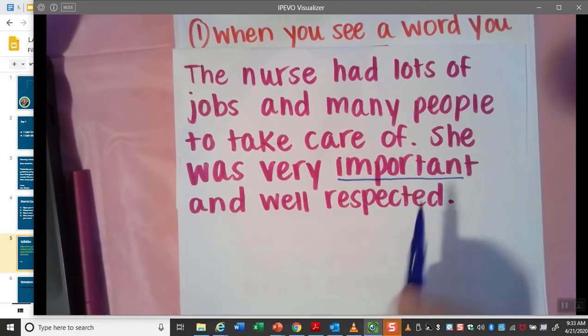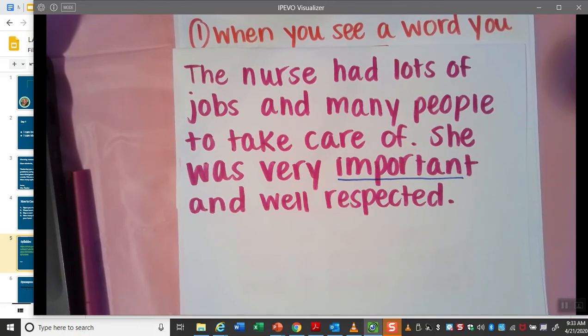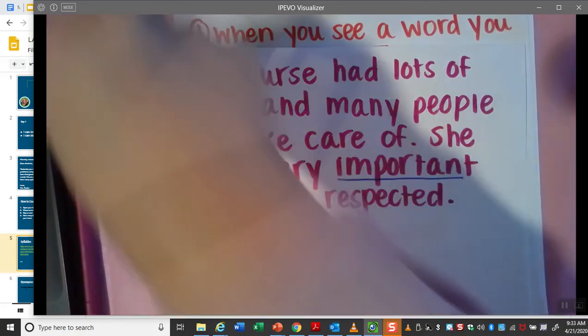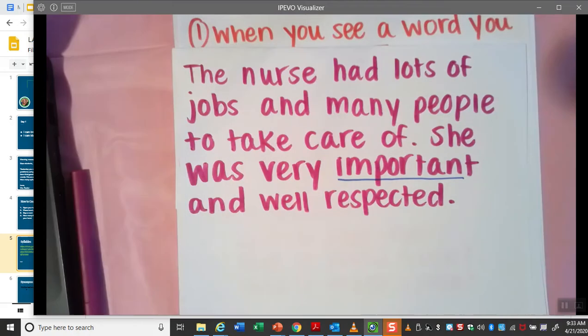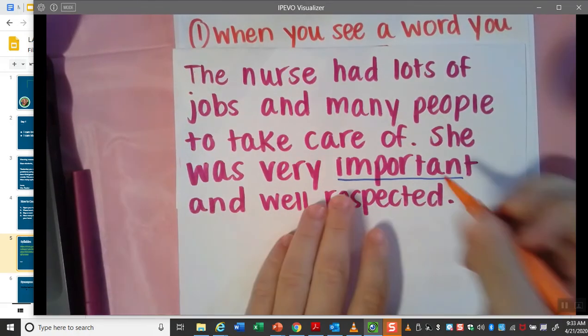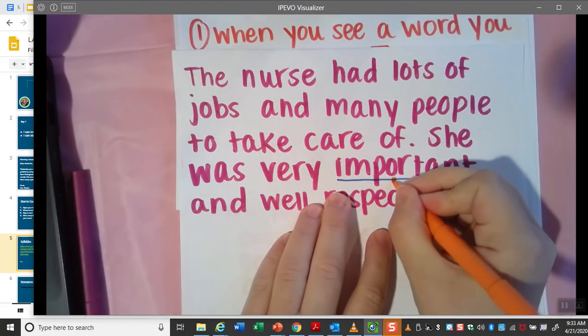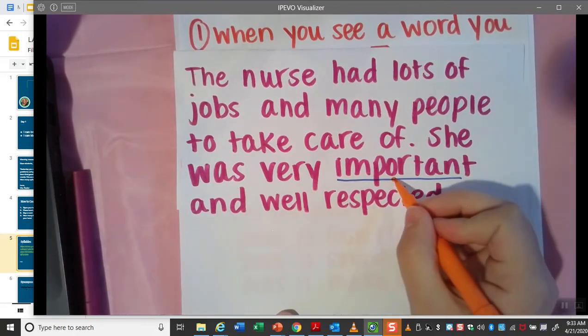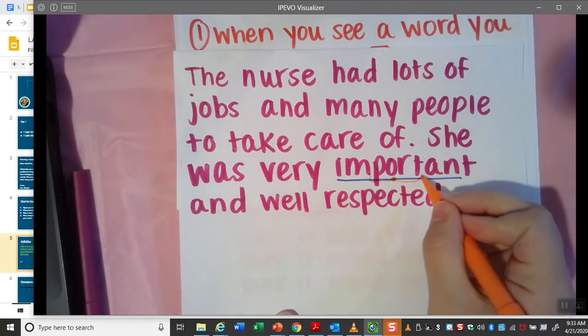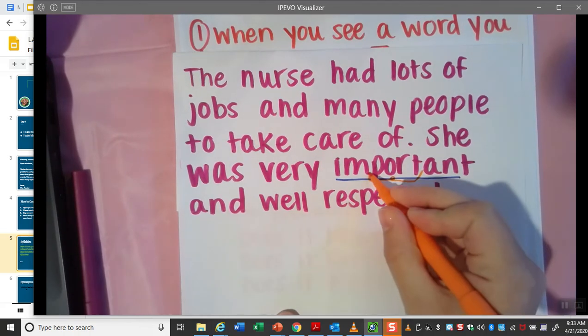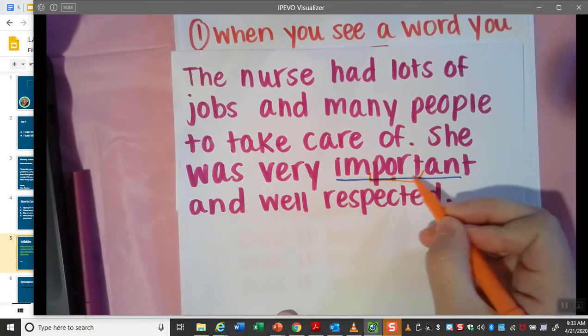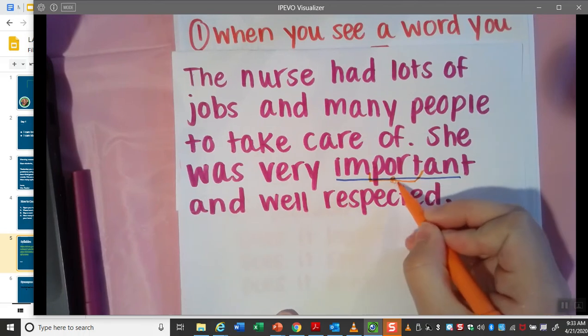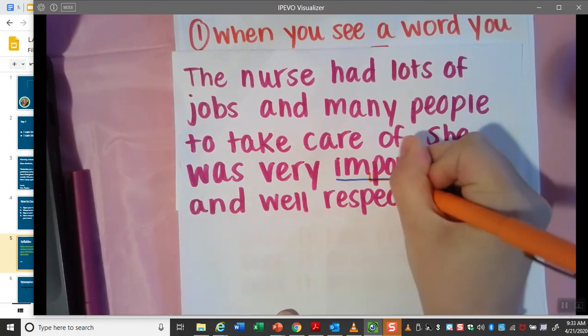Do I see a sound or a word within this word that I already know? All right, well, I see O-R. I know O-R says or. Let me see if I can expand this a little bit. Port. Okay, so I have this one part here, port.